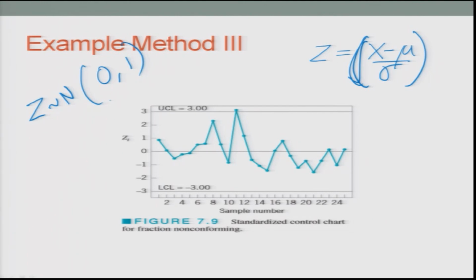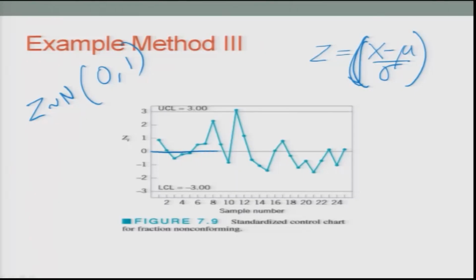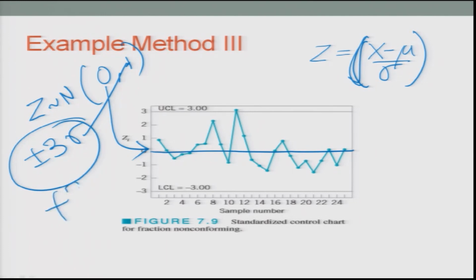So, with this information, if you go back to the figure, which is 7.9, the central line is 0 because this is the mean value, as we already know. Now, if I consider plus minus 3 sigma, the sigma value is already 1, hence the upper control limit would be plus 3 as shown here, and the lower control limit will be minus 3 as shown here.